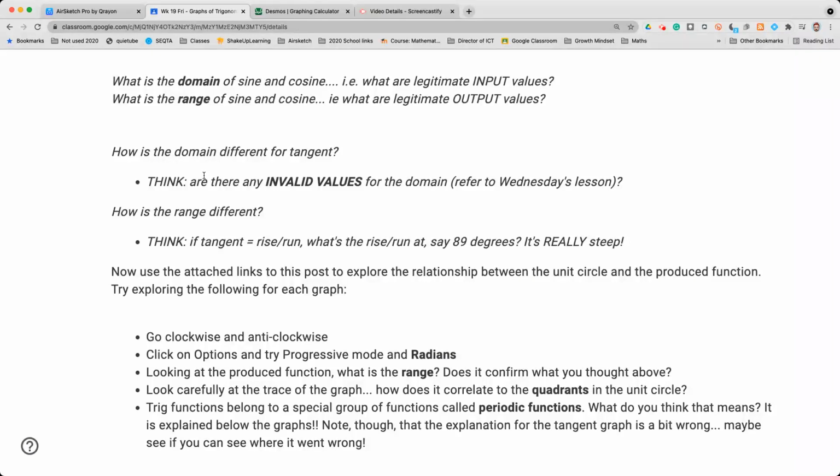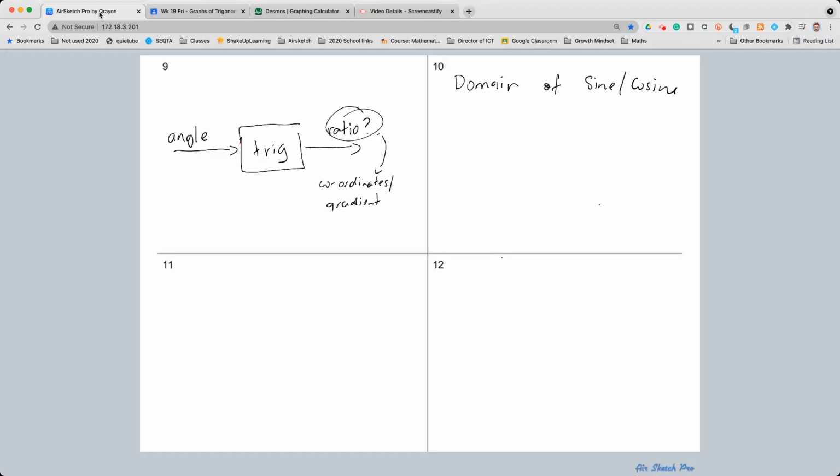So if I look at the domain of sine and or cosine, the input would be basically this, anything. And that's whether it's in degrees or in radians. Any old value goes in and any old value goes out.